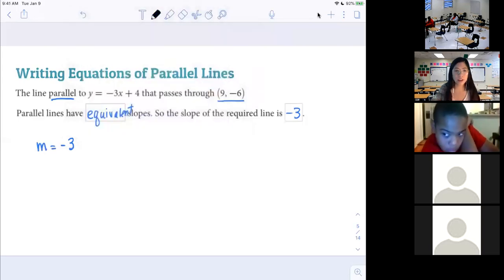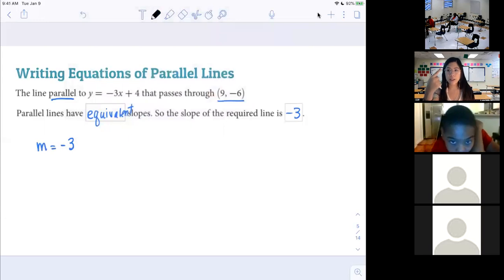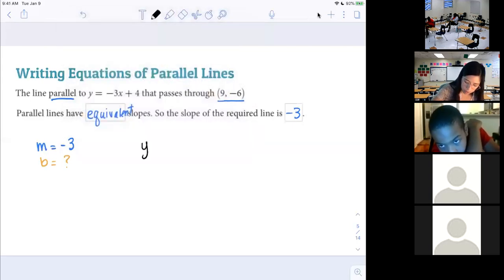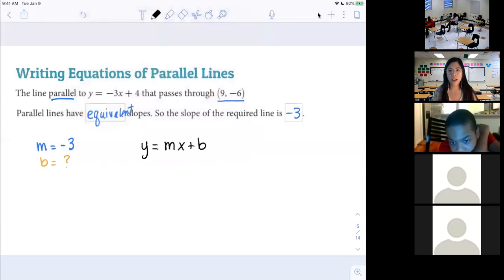And then to figure out, because remember, in order to write an equation for a line, you need to know the slope and you need to know the y-intercept. Right, the y-intercept, Tyrone, exactly. But right now, we don't know what the y-intercept is. So we're going to use our slope-intercept equation, and we're going to plug in the point that they give us, because we know it has to pass through (9, -6).